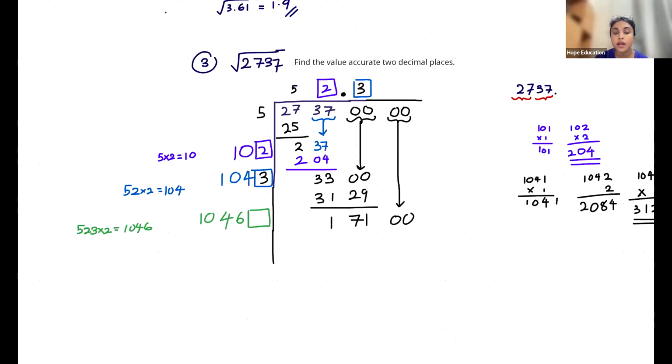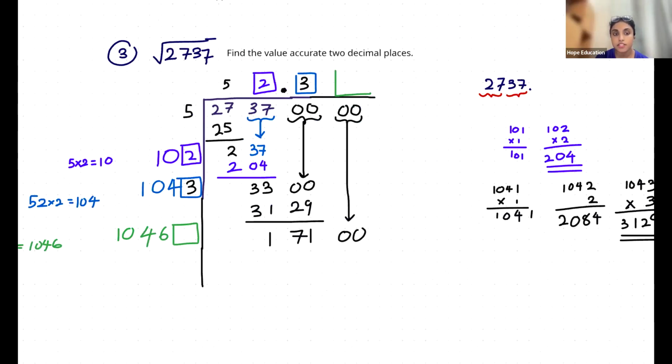Then I have to put a certain number here. That same number I have to put here. If it's 2, it's 2. So 1046 times 2, or 3, or whatever. We have to put a certain value. I want you to figure out that value. Try to find what number should come here. That same number should come here. Try to work it out. While you work it out, give me a minute.